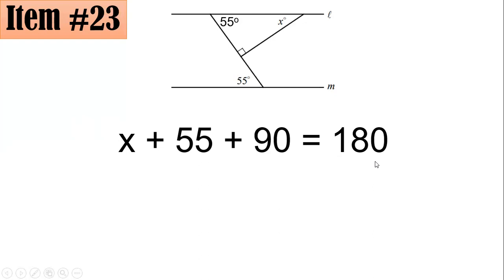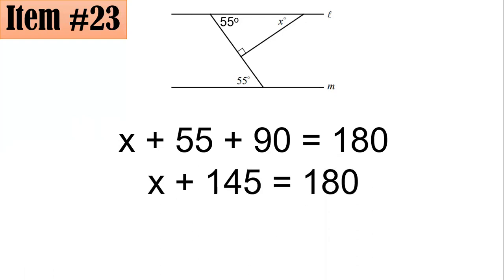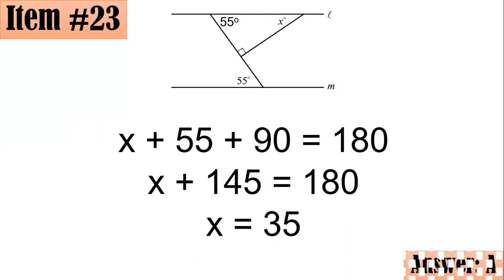But for now, I omitted the degree symbol. So 55 plus 90 is 145. And I have here x plus 145 equals 180. Subtracting both sides by 145 gives the value of x, which is 35. Letter A. I hope you got it as well.